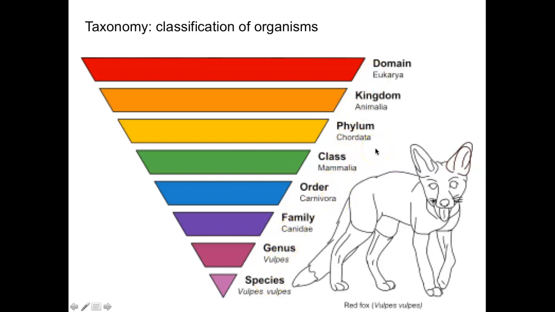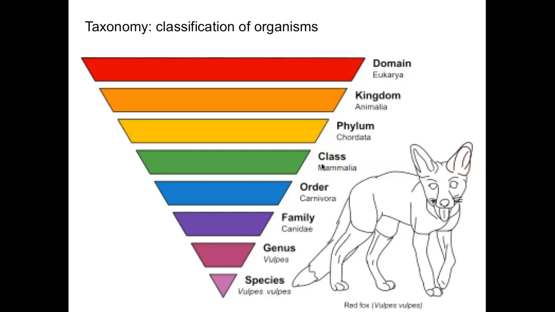The way I did it when I was learning this in biology class was King Philip came over for good soup. Or any other way that you want to memorize it, but you want to know that as you go down in the taxonomy systems, the organisms get more and more similar.